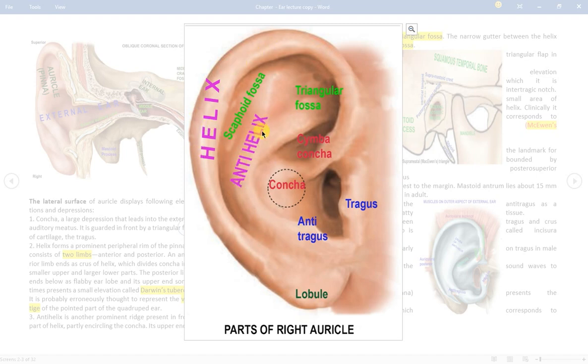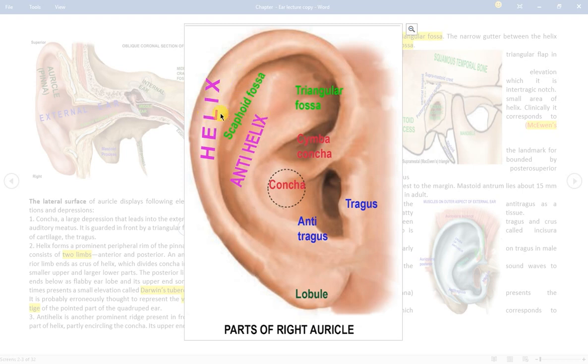This antihelix is dividing upwards in two different crura, this one and this one. So together they are known as crura of the antihelix. Between these two crura there is one triangular area that's called triangular fossa. Between helix and antihelix we have another fossa that is called scaphoid fossa.